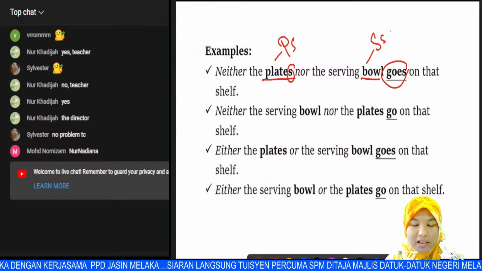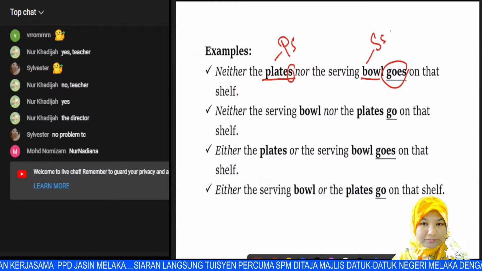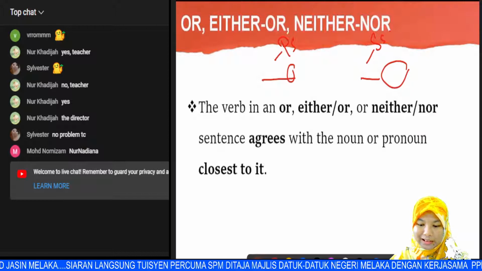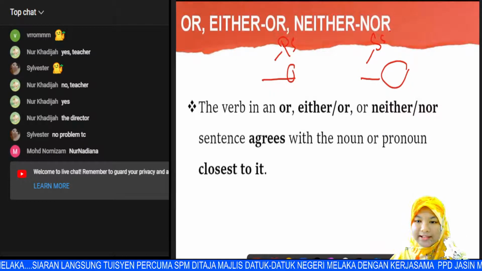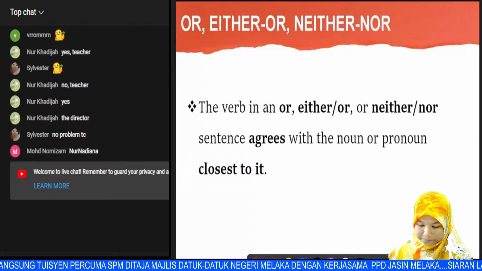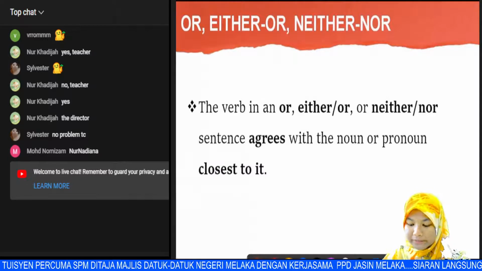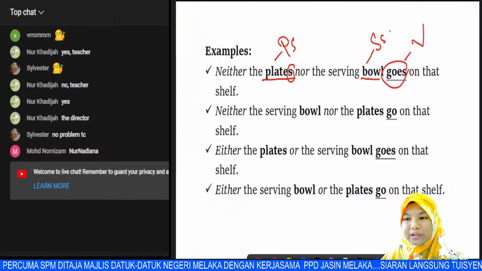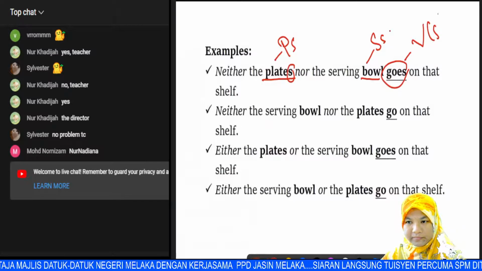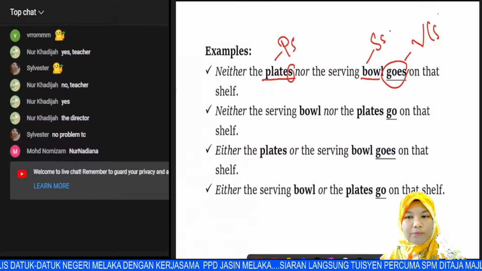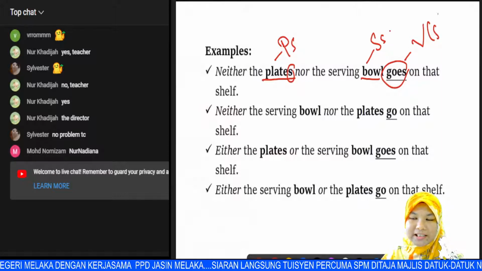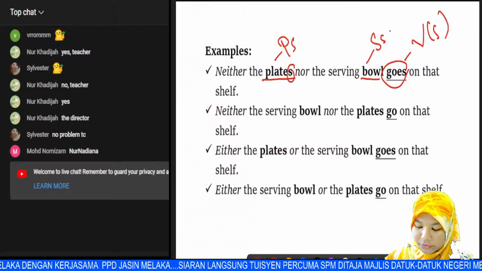Remember just now in the previous slide, the verb in "or", "either...or", "neither...nor" sentences agrees with the noun or pronoun closest to it. So in the first sentence, the verb will be "goes", G-O-E-S, in singular form. We use the singular form of the verb because the noun closest to it, next to it, is a singular subject.